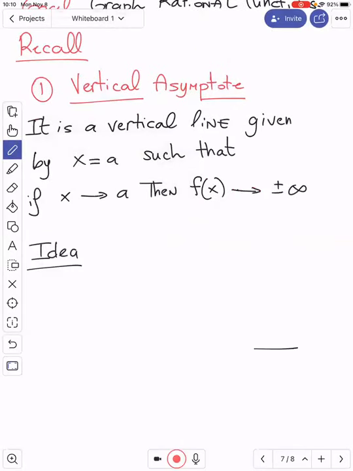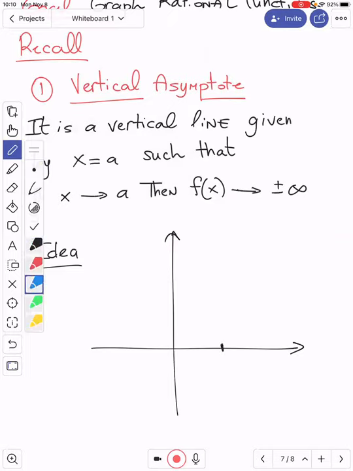Let's say you want to graph f. Somewhere here, let's say this is your x equal to a. The horizontal axis, of course, is your x-axis. So you have this x equal to a, and here's your vertical asymptote.